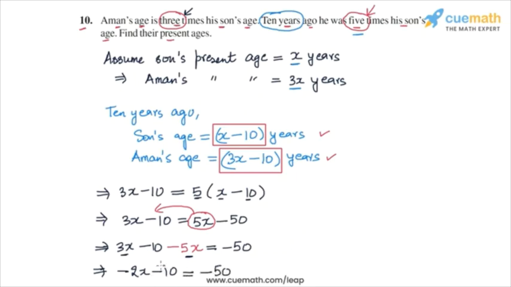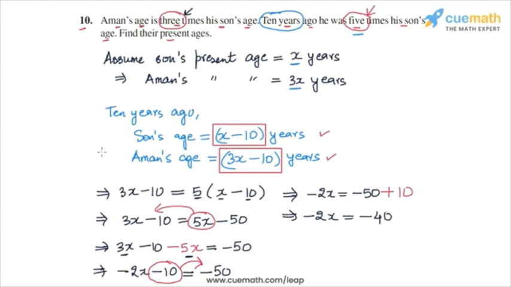Now let's combine the constant terms on both sides. So we have minus 10 here on the LHS. Let's transpose it to the RHS, and this will give us minus 2x is equal to minus 50 and plus 10 from the LHS. The transposed term is plus 10. So this gives us minus 2x is equal to minus 40.